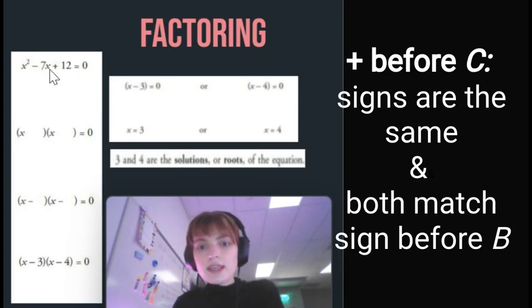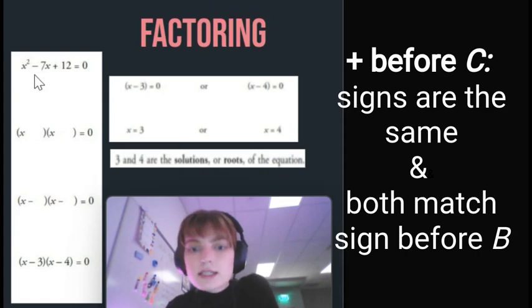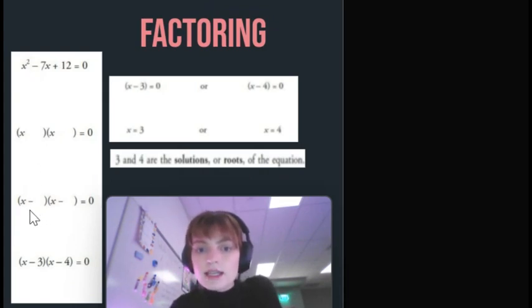If the sign in front of the c term is positive, that means that the signs inside of the factored form will match. So it's either going to be addition in both or subtraction in both. We know which one to use based on the sign in front of the b term. So here it is a negative sign. That means we're going to plug in negative signs.